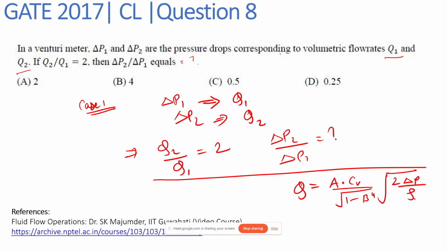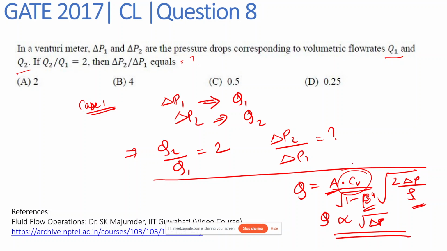So we are considering the same pipe in this section, and the venturimeters are also the same, only the flow rates are changing. That is, this area, this venturi coefficient, and the ratio of throat diameter to the pipe diameter, that is beta, all these parameters will remain the same. The fluid density will also remain the same. So ultimately we can see that the flow rate is directly proportional to under root of pressure drop.